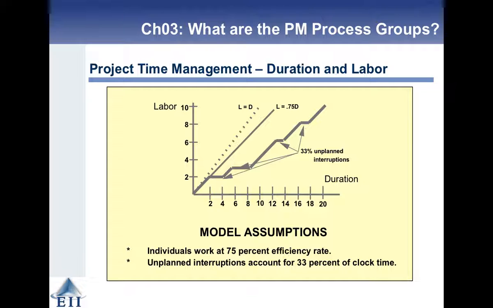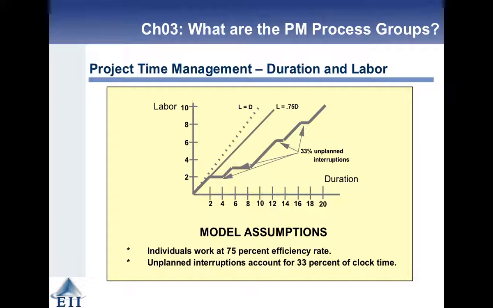And that's the dotted line, and you can see it goes up 2 for 2, 4 for 4, 6 for 6, 8 for 8, 10 for 10. But then the problem is people don't work 8 hours in 8 hours. They may only work 6 hours in 8 hours, and that's what the 75% efficiency rate is. Some people use 60%, some people use 80%, somewhere in that range. 75% is good. So now every person's 8-hour day only gets us 6 hours worth of progress.